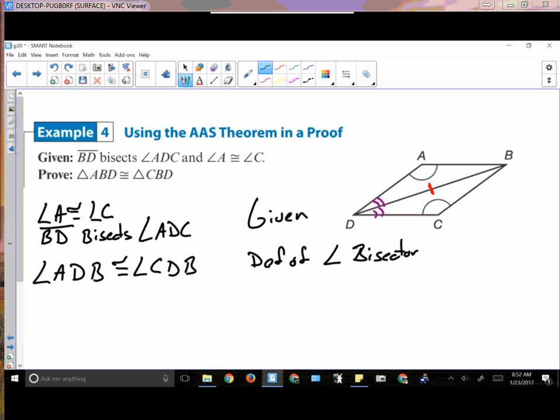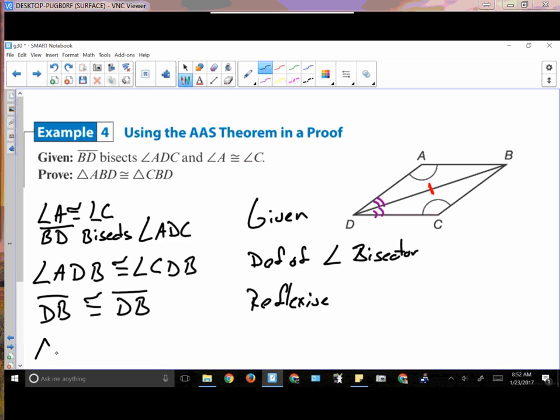Now, we did one more thing. We said that DB is congruent to DB. Why? Reflexive. So, do I have enough stuff to say that these two triangles are the same?